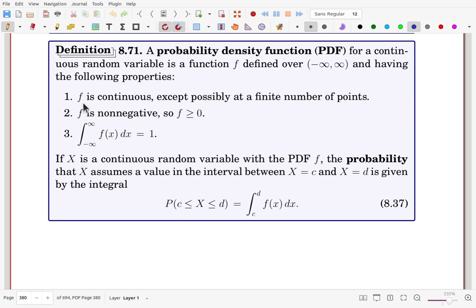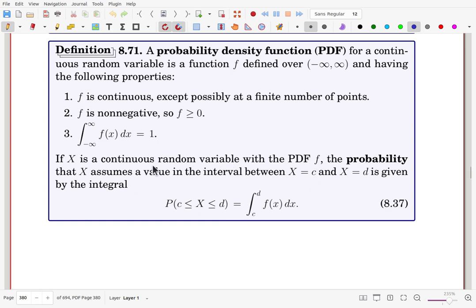It must be continuous except possibly at a finite number of points. And f must be non-negative, and the integral over the entire line must be 1. That is the same as the whole summation of probability is 1.